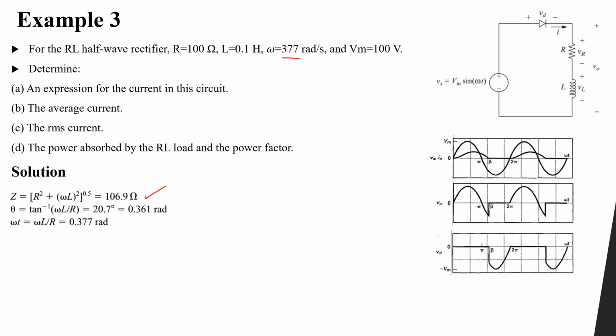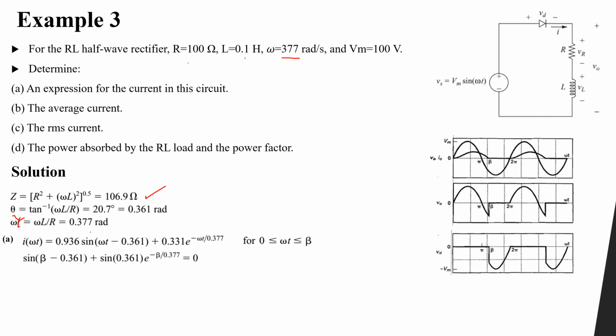Tau is L over R, so L divided by R multiplied by omega, 377, gives 0.377 radians. Now, by substituting in the equation, I as a function of omega t will be like this.